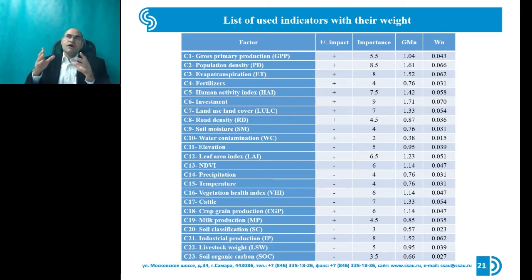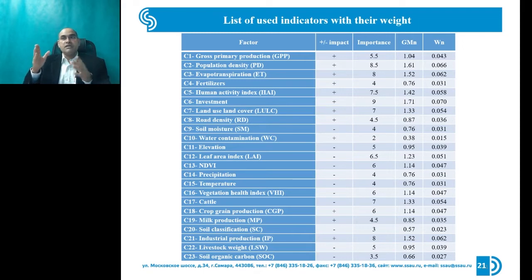I was also thinking why I cannot enlarge my module, and instead of only satellite data, use some other type of secondary data which I collect from government offices, like gross primary production, population density, fertilizers, human activity index, investment, cattle, crop, grain production, milk production, soil production, and a lot more. In the earlier study in the pressure state response framework, I used only 15 parameters.